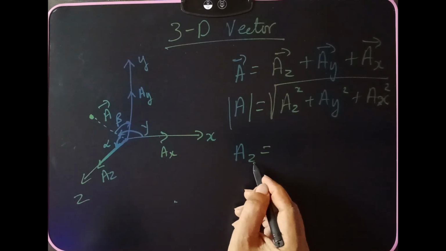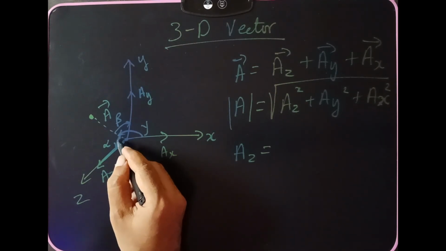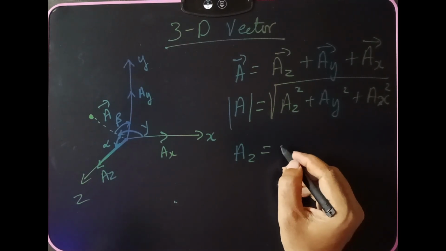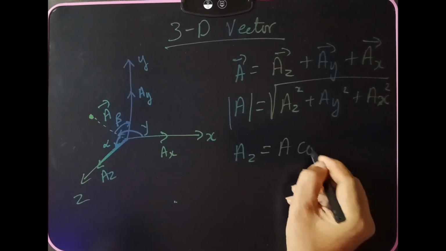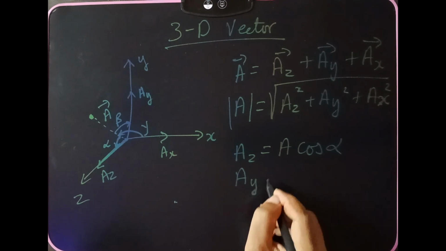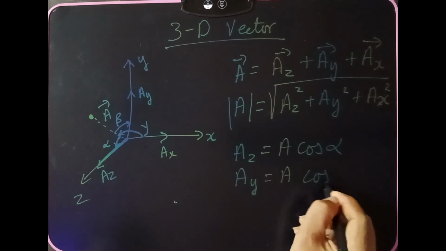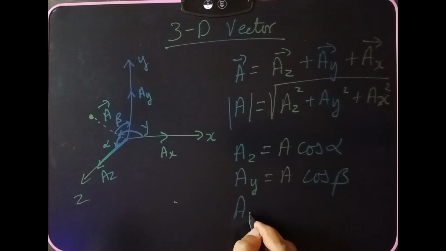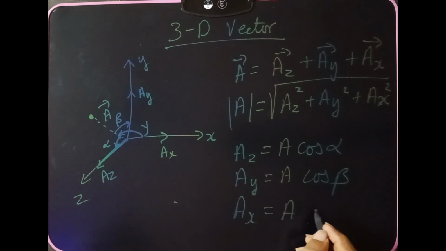Then A of z is the adjacent component, so it will be written as A cos alpha, and ay is written as A cos beta, and ax will be written as A cos gamma. This is how you're supposed to resolve.